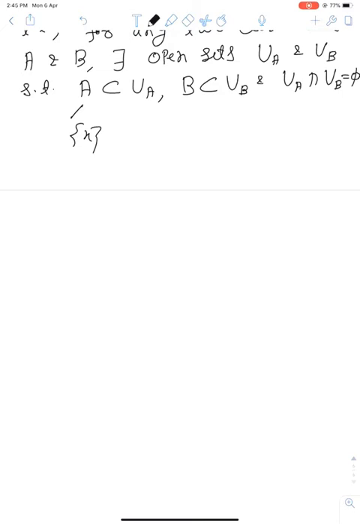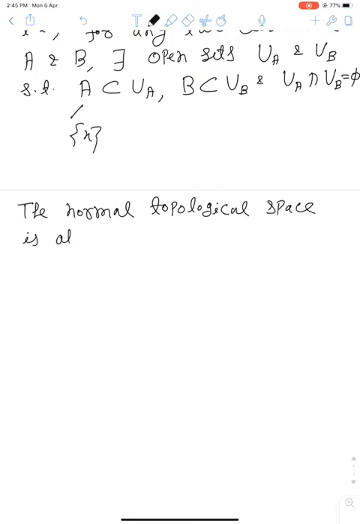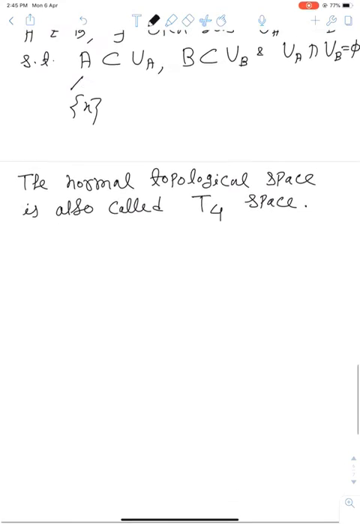Therefore a normal topological space will also imply a regular topological space. The normal topological space is also called a T4 space. Okay.